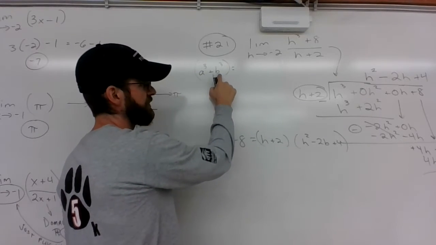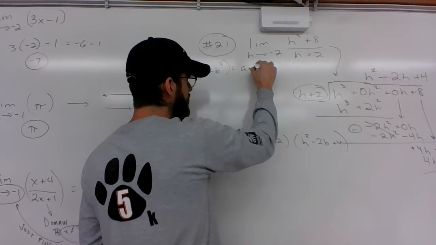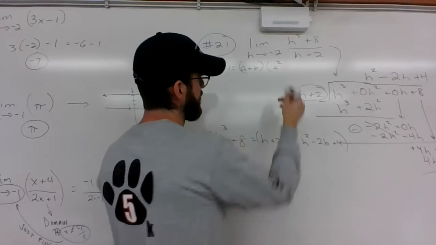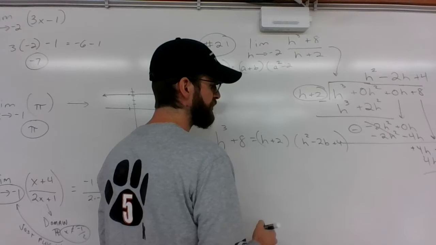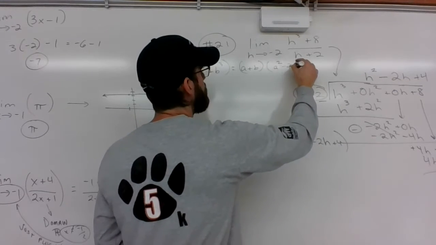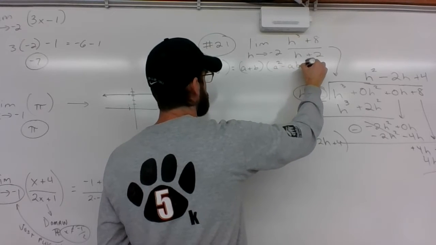This is h, this is 2, right? 2 to the third power is 8. It's a plus b times a squared minus the two multiplied together. Where'd the 2b come from? That's an h. Ugh. Oh my goodness.